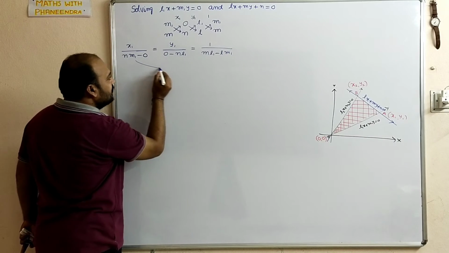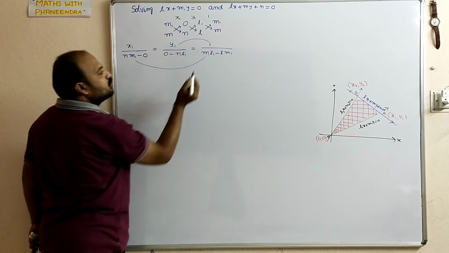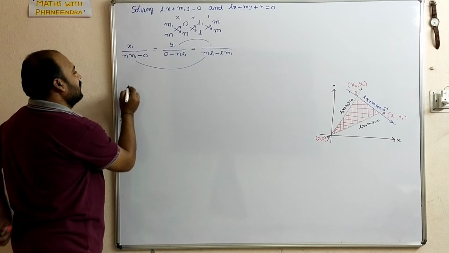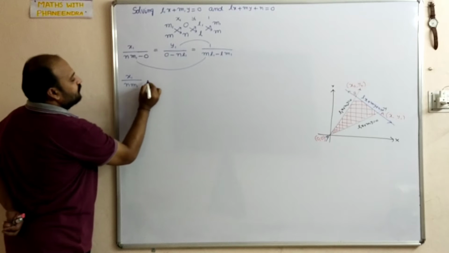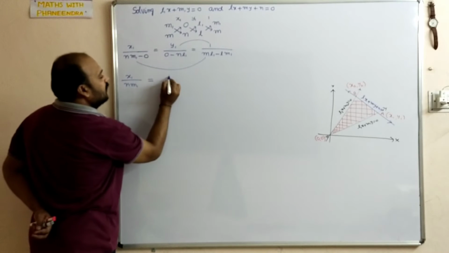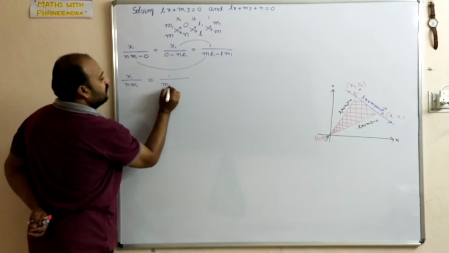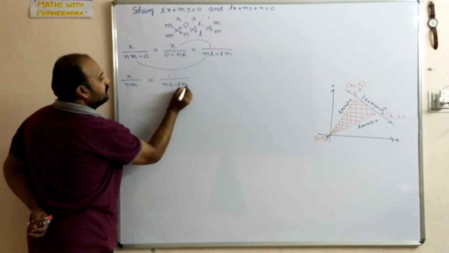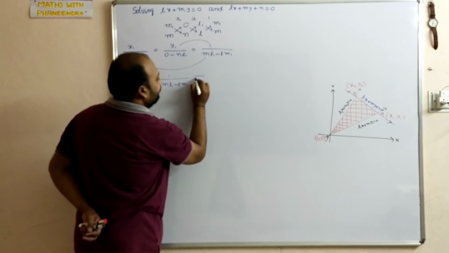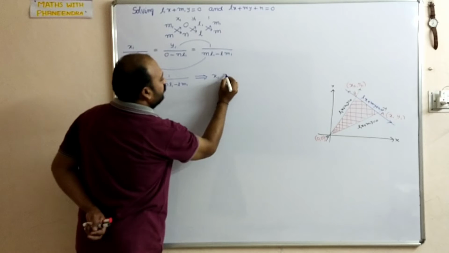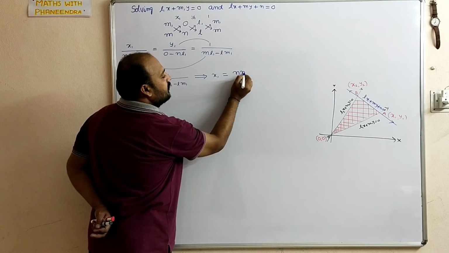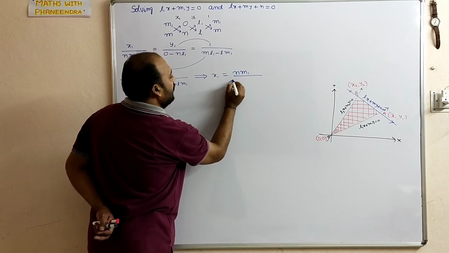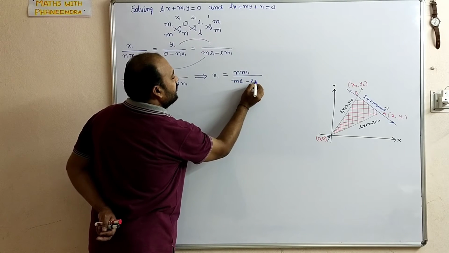By equating these, you will get the values of x1, y1. See here, x1 by n m1 is equal to 1 by m L1 minus L m1. That implies x1 equal to n m1 divided by m L1 minus L m1.